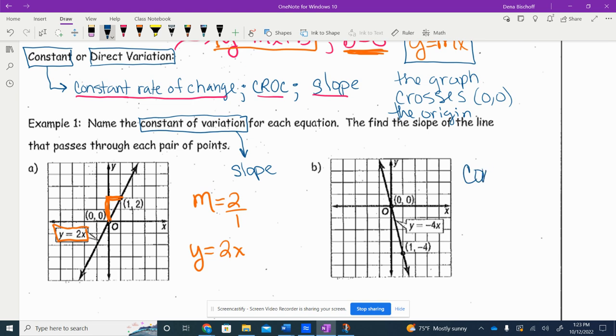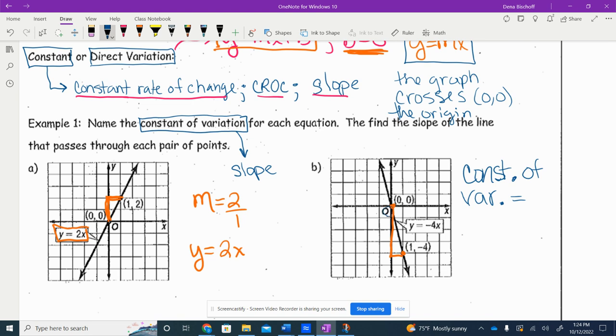So now I'm going to call it what this lesson calls it, constant of variation. For example, b, what is the constant of variation, meaning what is my slope? Go ahead, Tyler. 1 over 4.